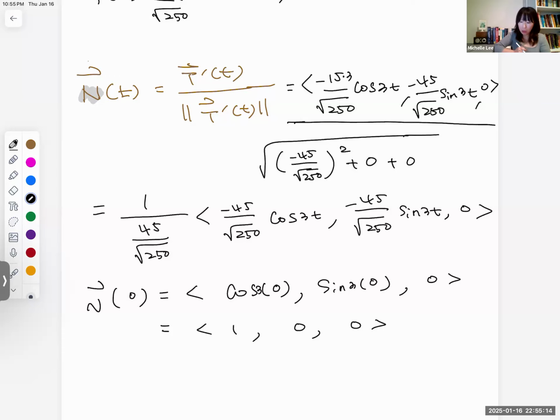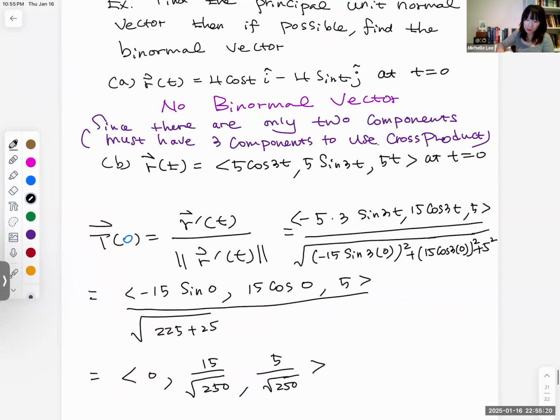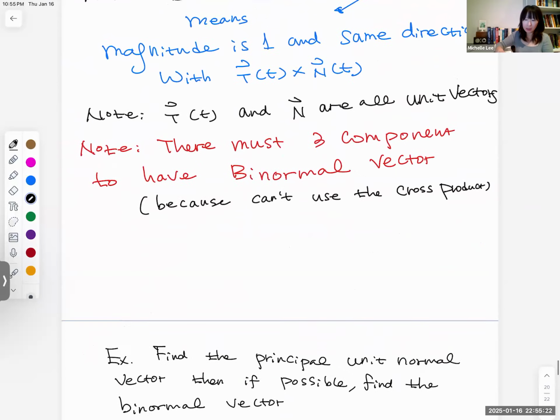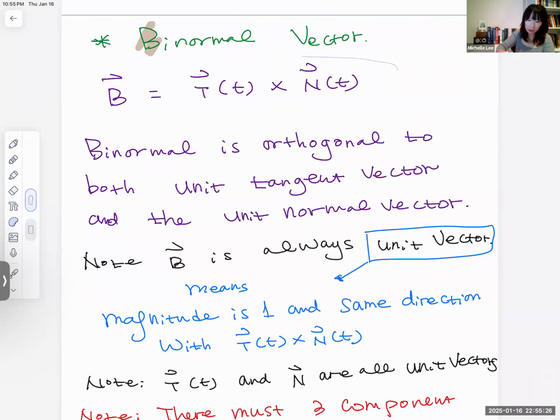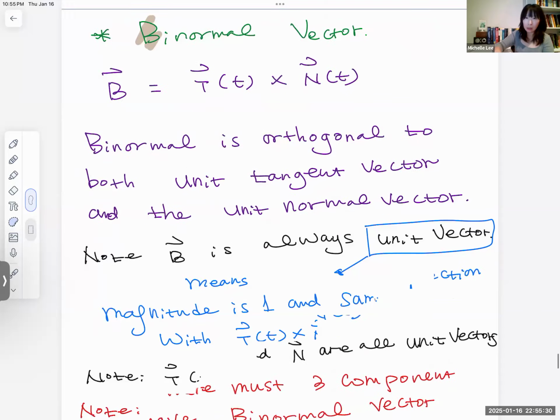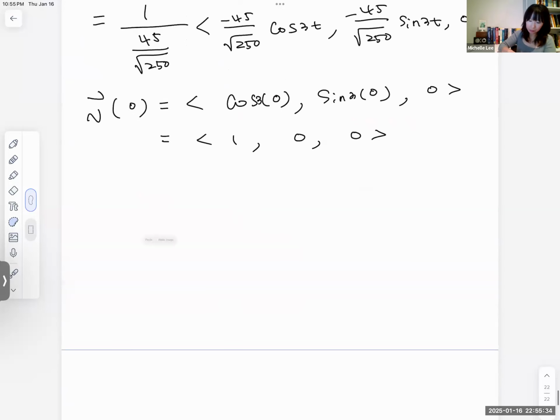Okay. Binormal. So binormal, which is cross product of unit tangent vector and normal vector. This is the last one. Hang in there.